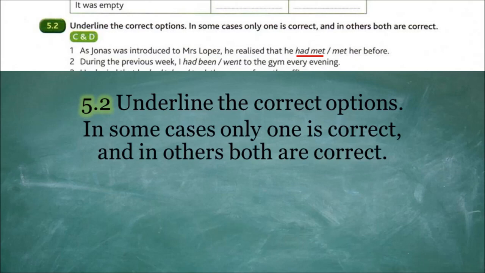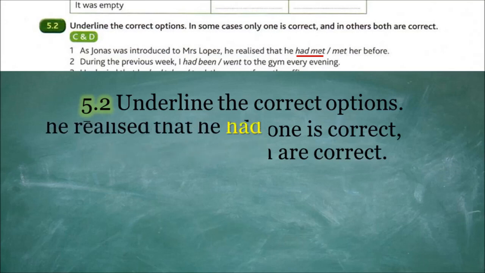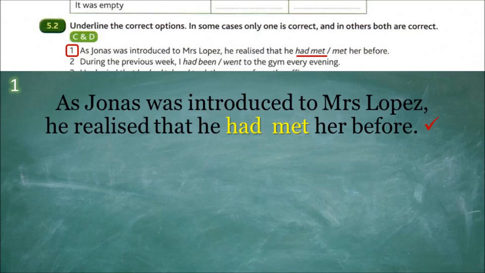5.2. Underline the correct options. In some cases only one is correct, and in others both are correct. As Jonas was introduced to Mrs. Lopez, he realized that he had met her before.